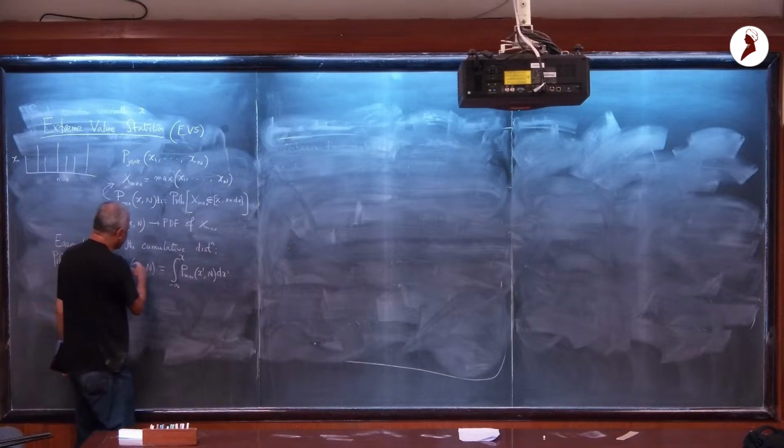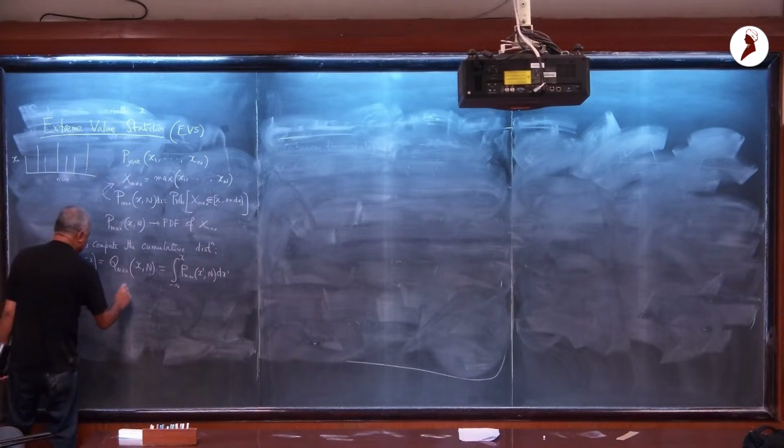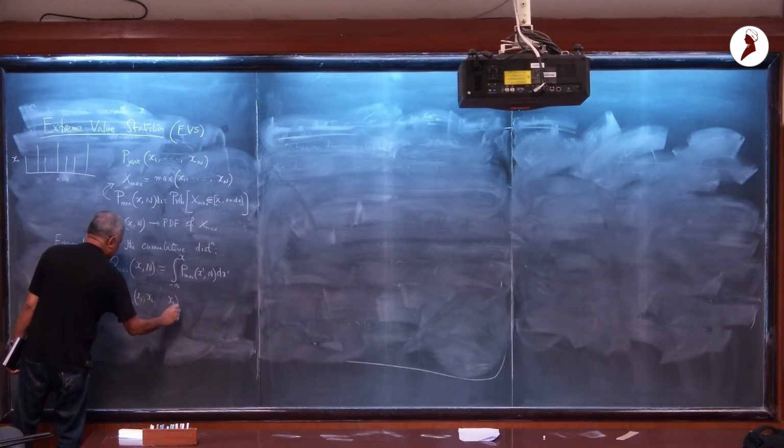But the nice thing with this object is that if you know the joint distribution, the probability that x max is less than x is the same as the probability that all of them are less than x.